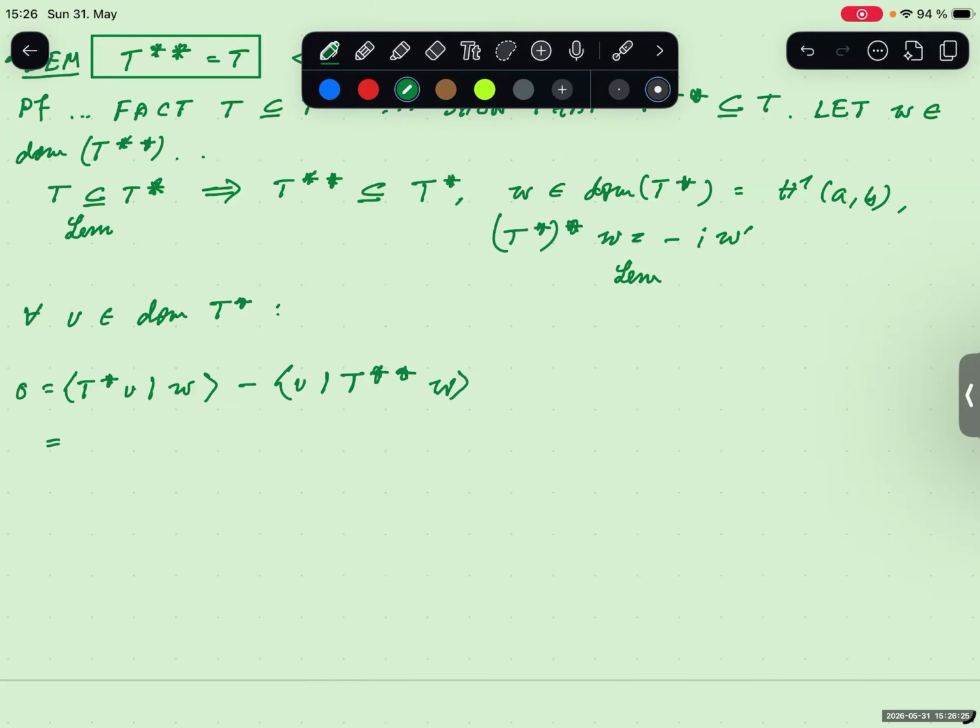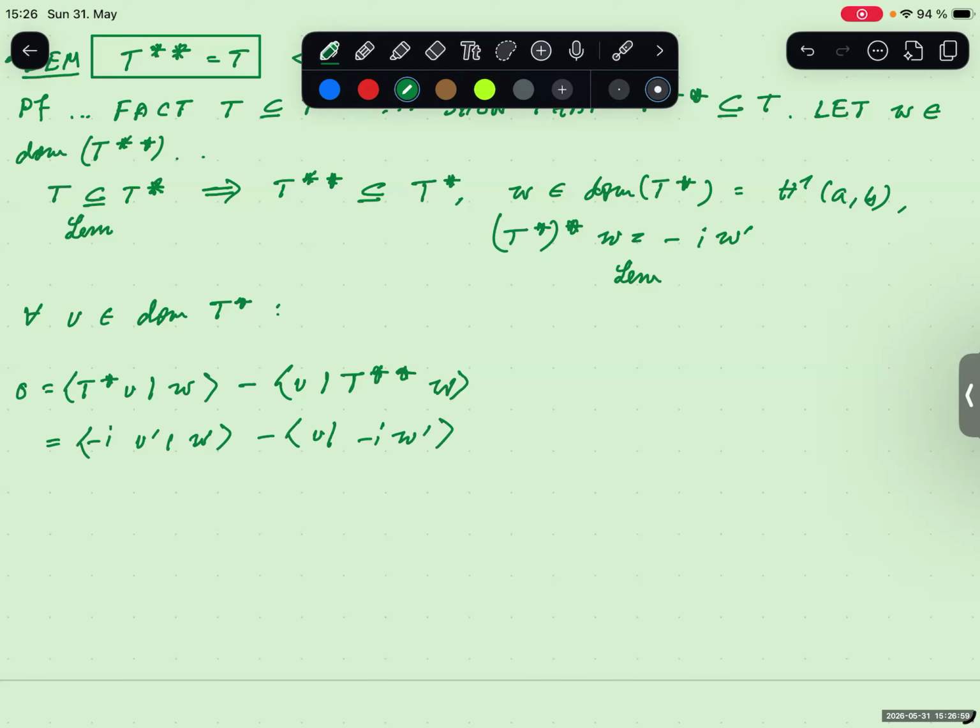So just put the definitions here. Minus I V prime, W, minus I V, no, I is there. So V, minus I W prime.